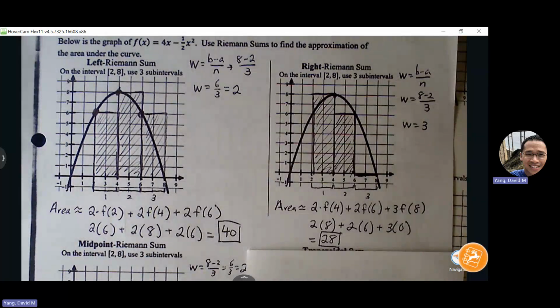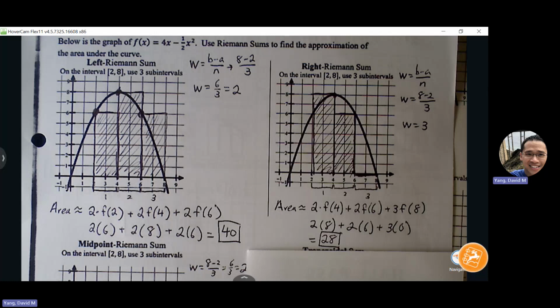Right Riemann, so you start from the right. For right Riemann sums, for each subinterval, you're going to take the right endpoint of each subinterval, attach that vertical line to the graph, and that is going to be the height of that subinterval. Now, what's strange about that third rectangle?